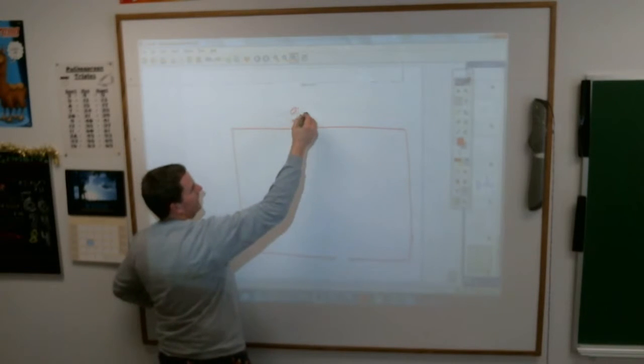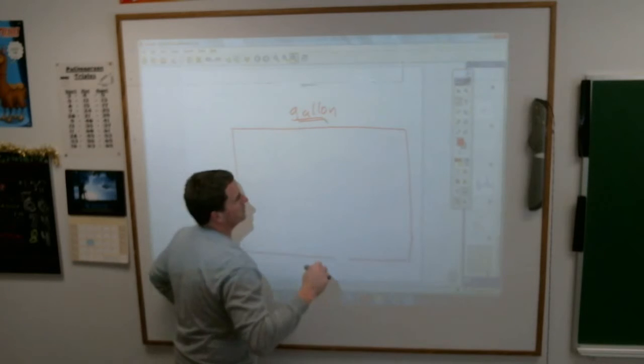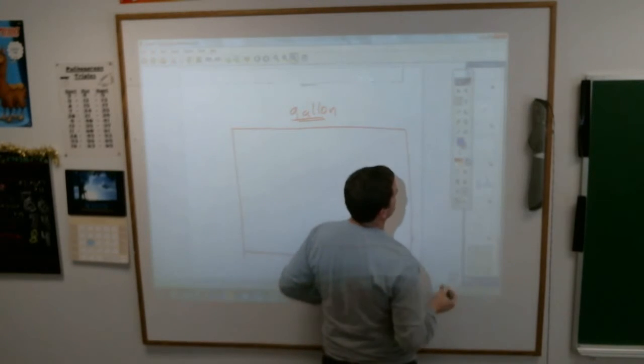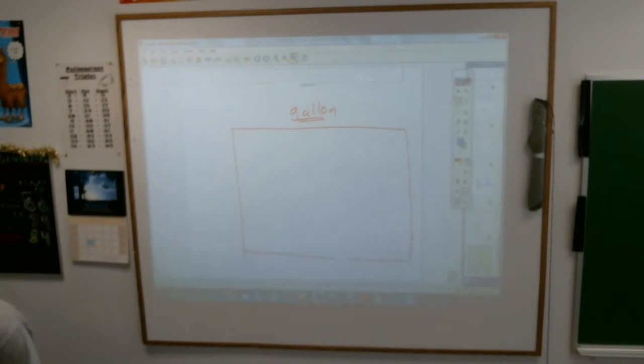Here is your gallon, which, by the way, weighs how much? Anybody know? Keith, do you know how much a gallon of water weighs? Come on? Probably close. It's more like 8, I believe. There's a little saying in the world that says a pint's a pound the world around. Which means 1 pint is 1 pound, and there's 8 pints in a gallon.